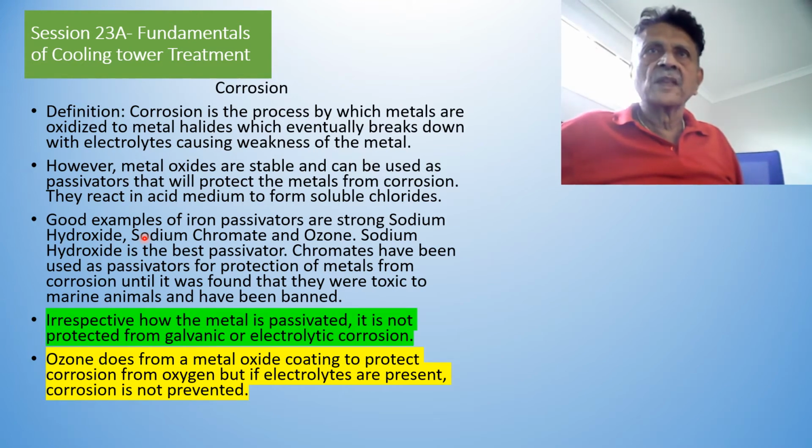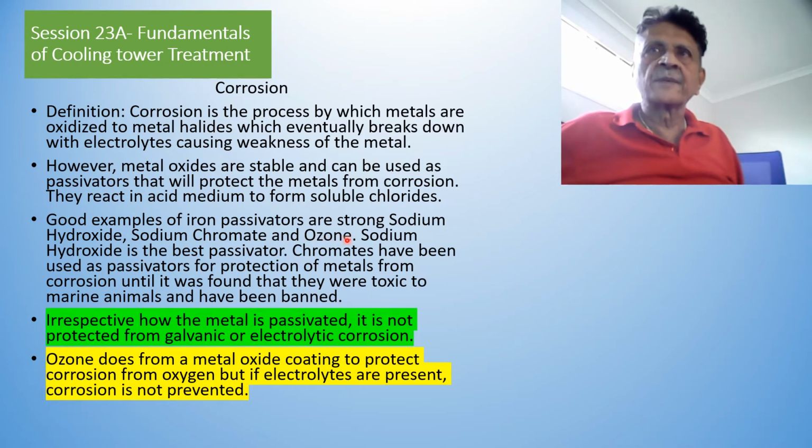Now, because chromium that goes into the seawater has a very bad effect on marine life, sodium chromate or any components of chromium are banned from being used in cooling towers. Ozone has the same property.